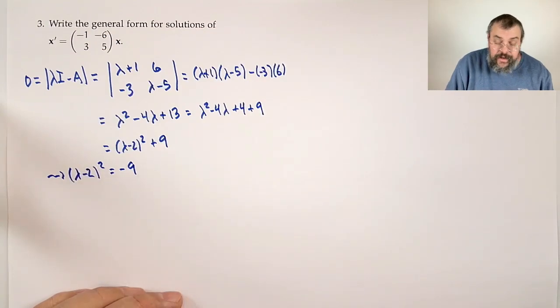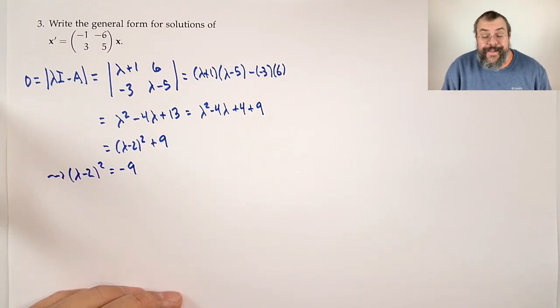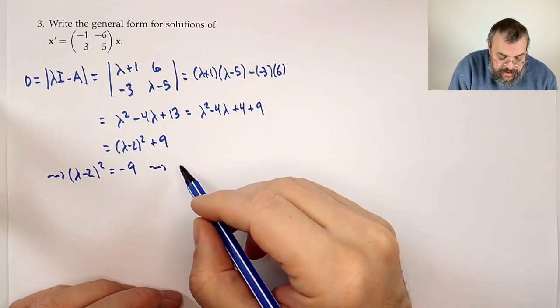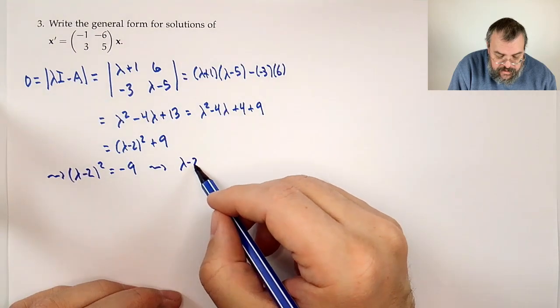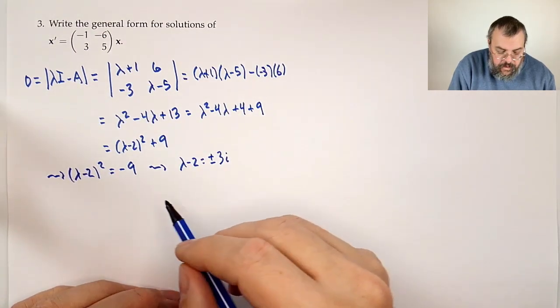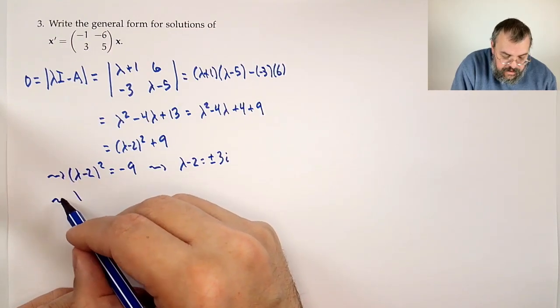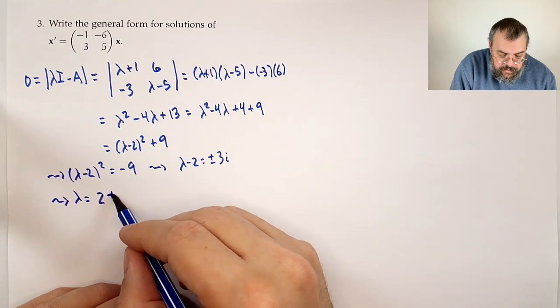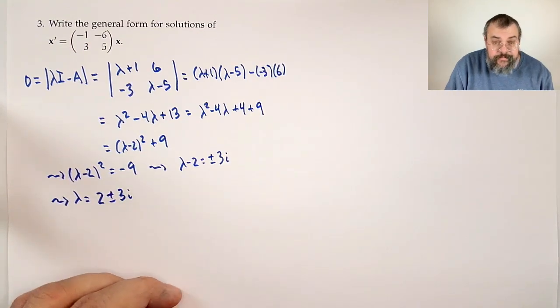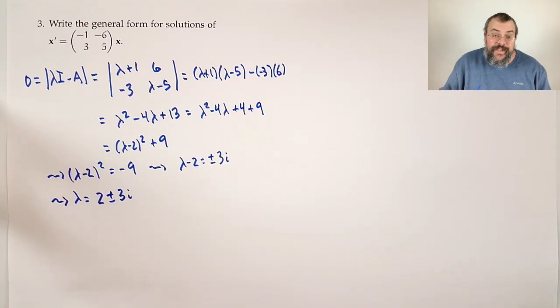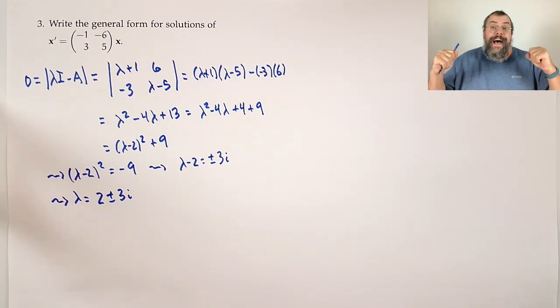And this is sort of a signal our numbers are about to get a little bit complex. All right. Well, that tells us that lambda -2 is plus or minus 3i. So we see our roots, lambda is 2 plus or minus 3i. So we're going to get some complex numbers in this problem.